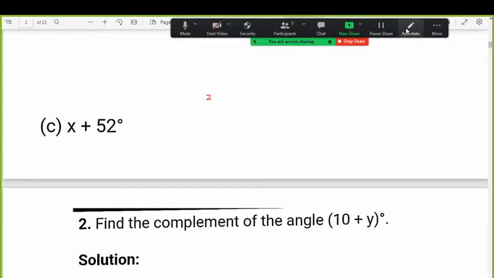Now this one I want you to answer: x plus 52 degrees. Complement? Oh, okay. Then I just have to do 90 minus 52. So 38 degrees.